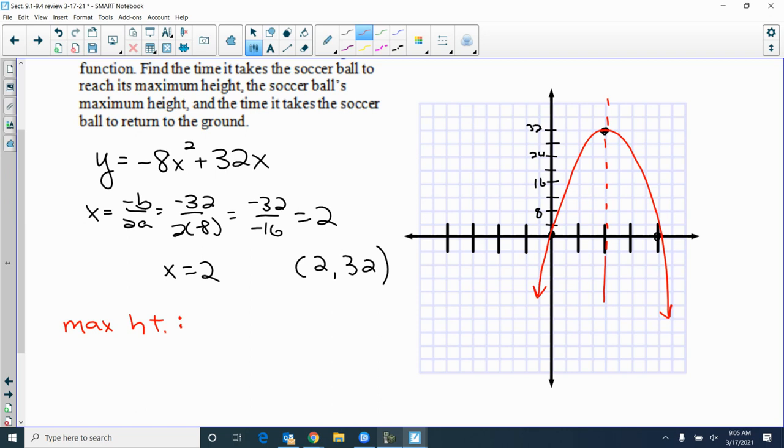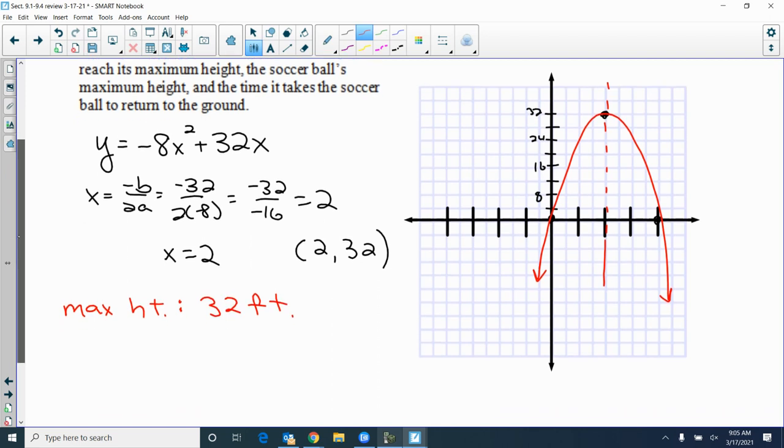And if it takes 2 seconds to get the maximum height, how long is it going to take to get down to the ground? It's going to take another 2 seconds. So the maximum height is 32 feet. And then, return to the ground.